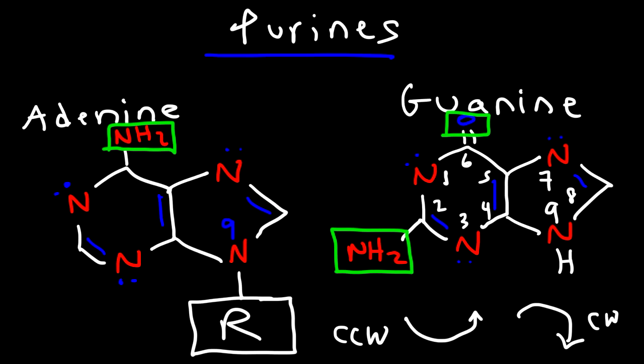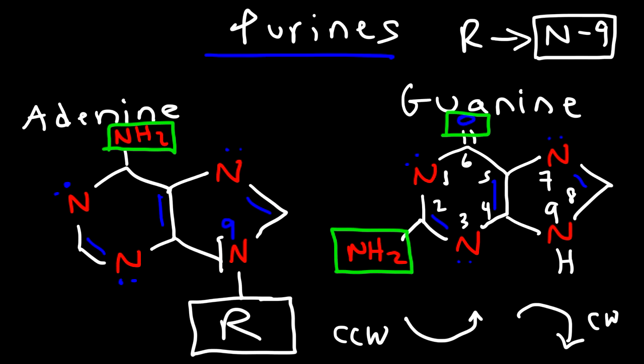For pyrimidines, it's different. But for purines, the ribose is attached to the N9 position. So it's the 9th position on a nitrogen atom on a purine ring. So you may need to know that for a test. Maybe not. It depends on if your teacher's going to quiz you on that fact. I don't know.